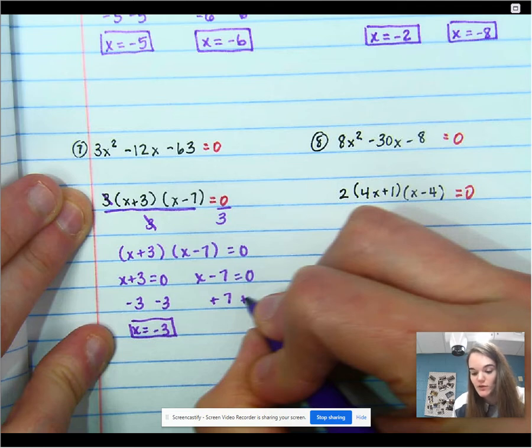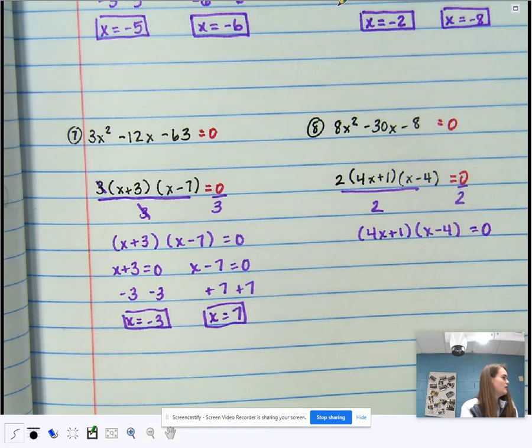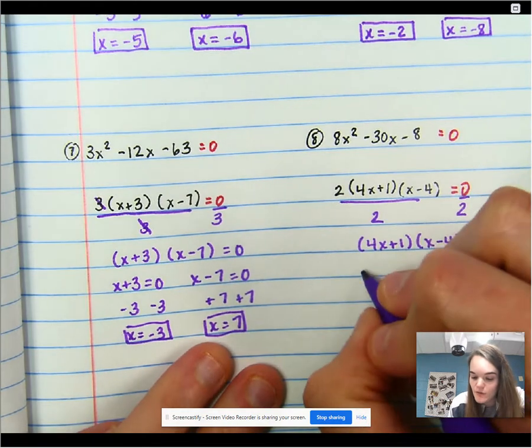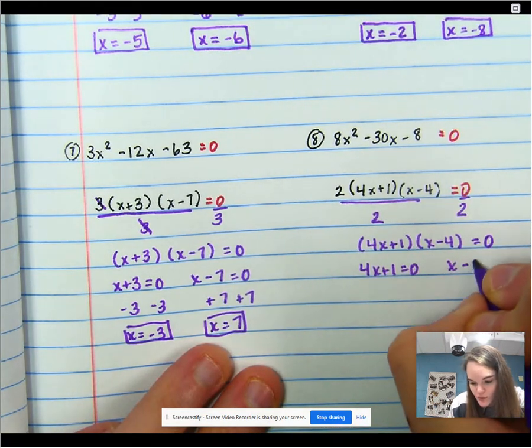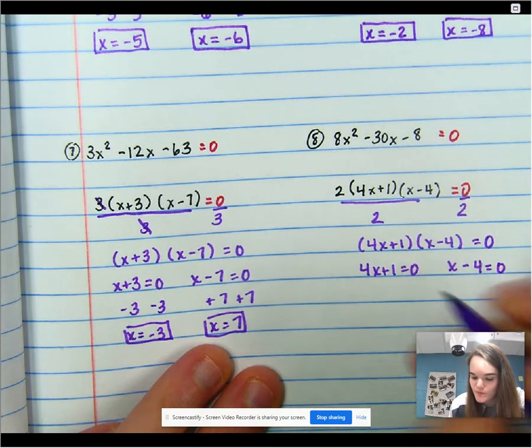Divide by 2. 4x plus 1, x minus 4 equals 0. Why does it keep freezing? Give you a minute there. All right, and then 4x plus 1 equals 0. x minus 4 equals 0.